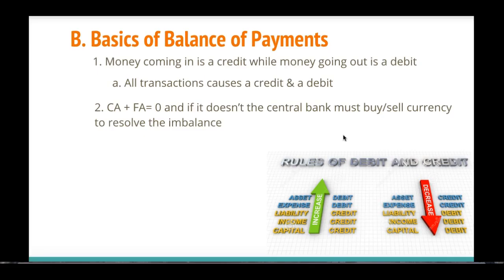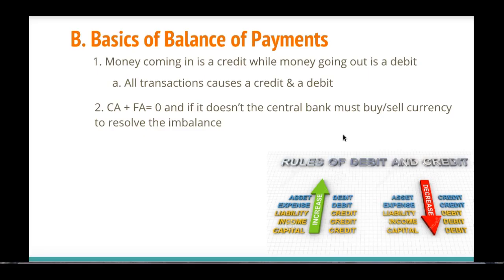Now, for the balance of payments, if the current account and the financial account, so CA plus FA, doesn't equal 0, then the central bank in that country will go and buy or sell currency to resolve the imbalance. So, for example, if there is a surplus and you have more credits than debits, okay, they're going to have to get rid of some of those credits.